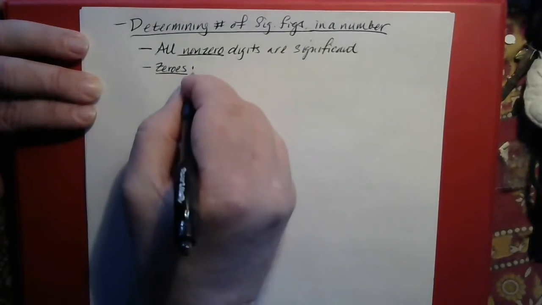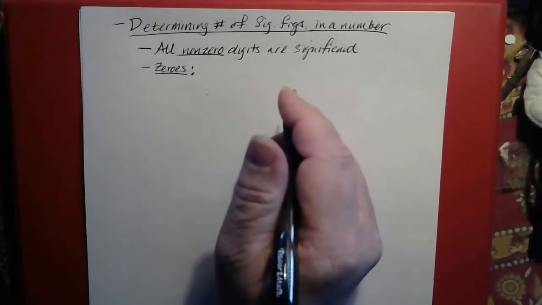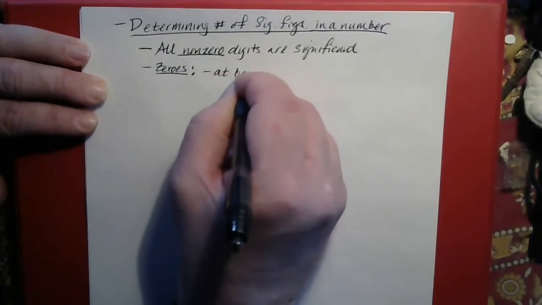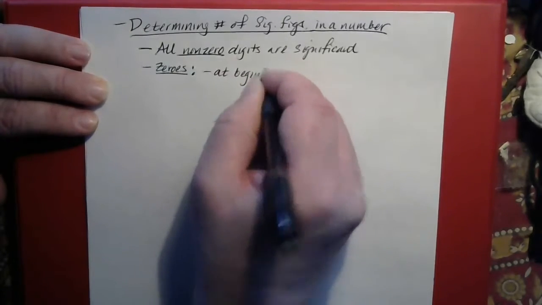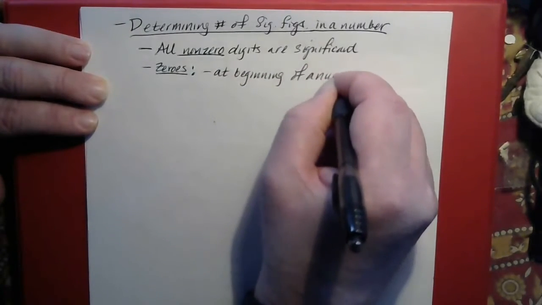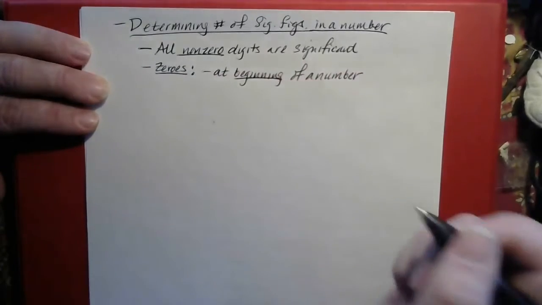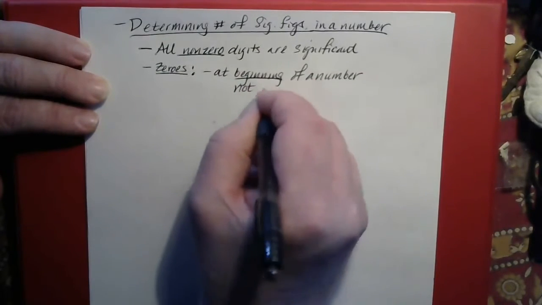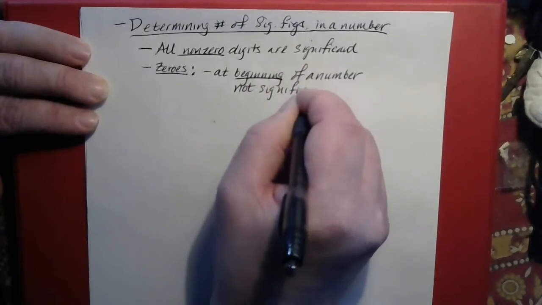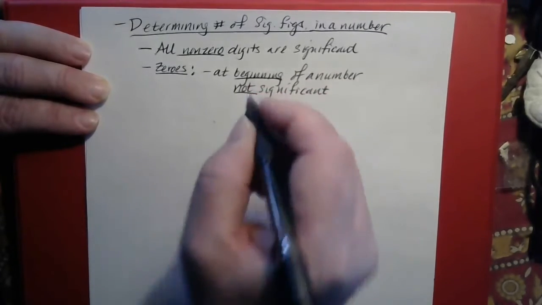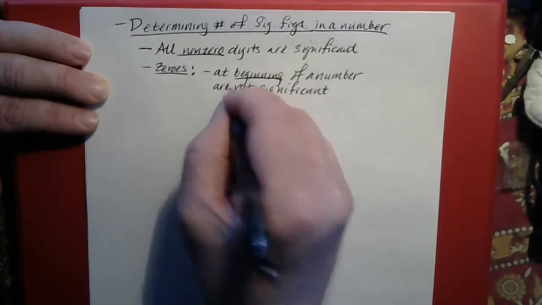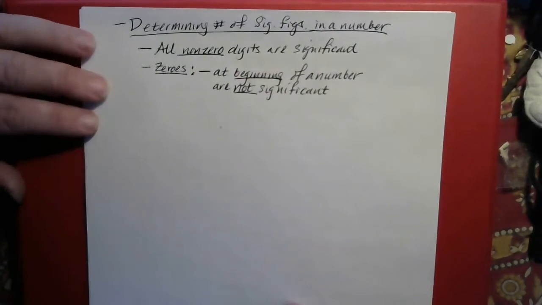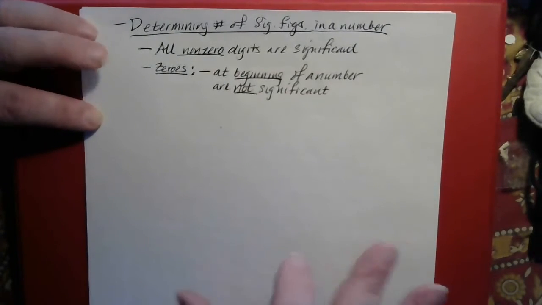Okay, for the zeros, well, it turns out there are different kinds of zeros. The zeros at the beginning or the left-hand side of a number are not significant. And that's because the zeros at the beginning or the left-hand side of a number are normally just there to locate the decimal point.